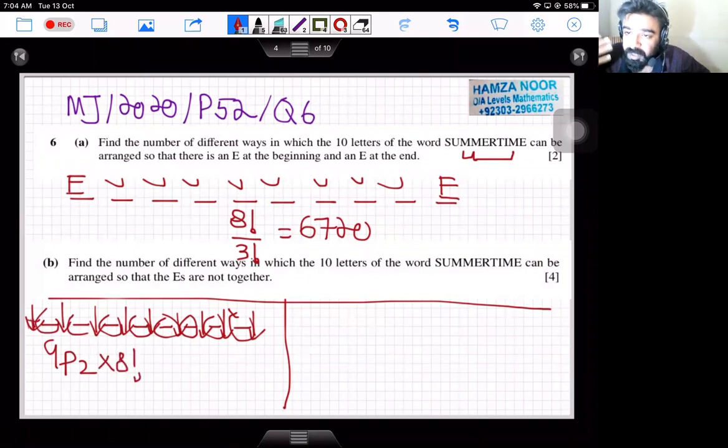How many m's are repeating themselves? 3 m's are repeating themselves. And how many e's are repeating themselves? 2. So in the denominator you have 3 factorial multiplied by 2 factorial. What's the answer? 9p2 multiplied by 8 factorial divided by 3 factorial multiplied by 2 factorial. 241920. Straight away 4 marks for this working.